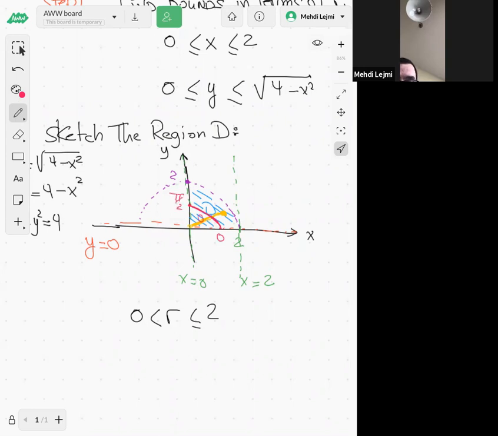This is my theta here, right? It's not the whole circle, it's just the first quadrant. So that's from 0 to pi over 2. And so that's for the bounds. Is there any question about the bounds?